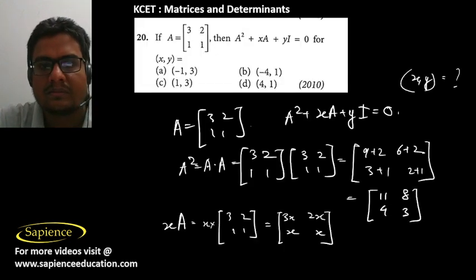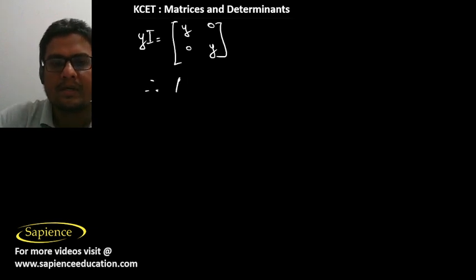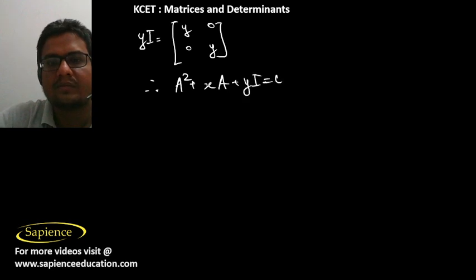yi that will be equal to [y 0; 0 y], that should be equal to 0. So now therefore we have x square plus xa plus yi that is equal to 0.